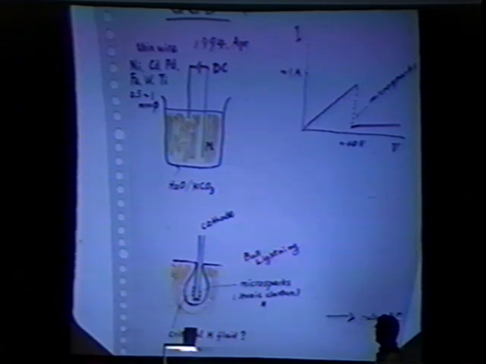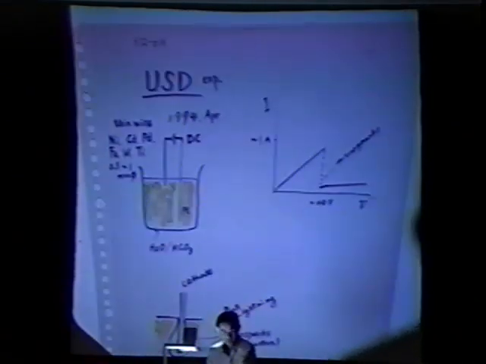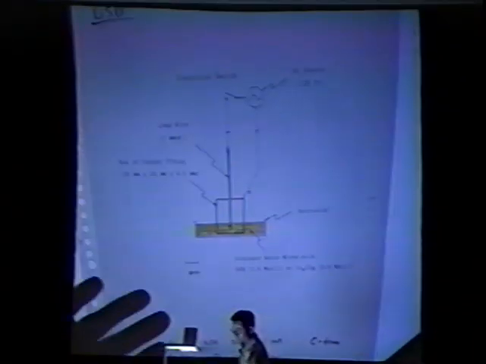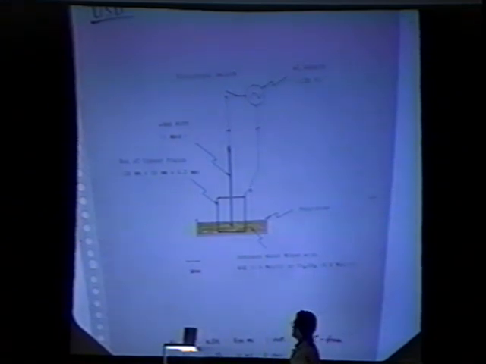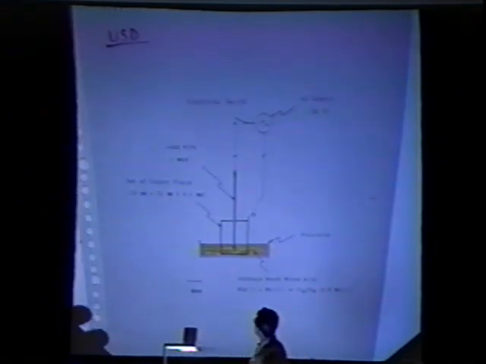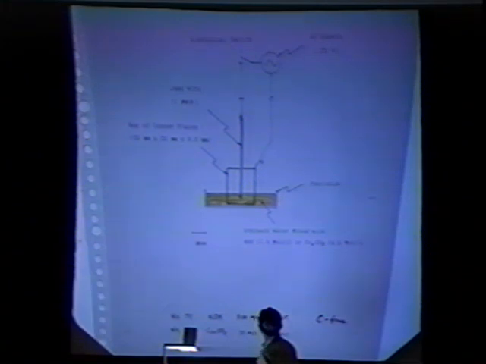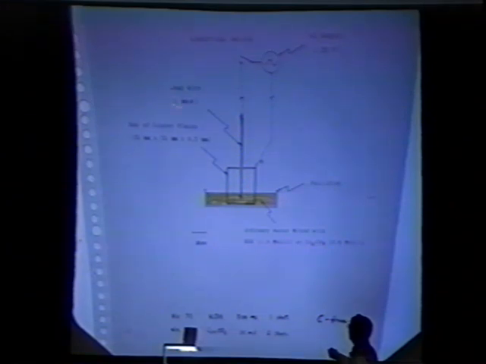to completely destroy the cathode to have a nuclear collapse. And this is the pulsed AC experiment. Here, a lead wire was used as the electrode, and the solution is potassium hydroxide and cesium carbonate.